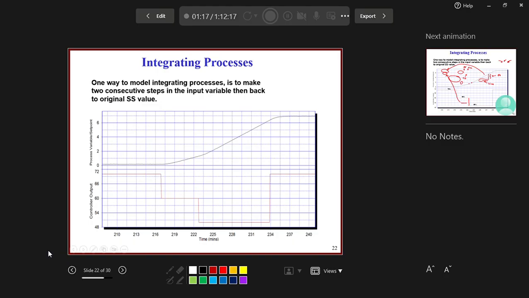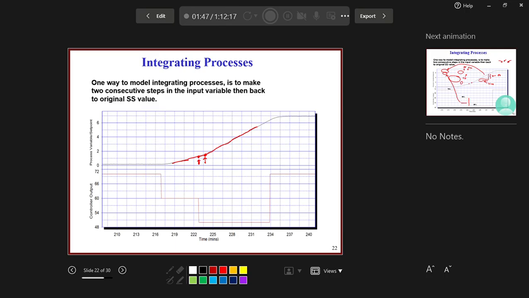You can see that this is a line of a certain slope, and this line has another slope, two different slopes, and they cut somewhere here. See, although we did the step here, the change in slope happened here. So the difference between the two will be the dead time.